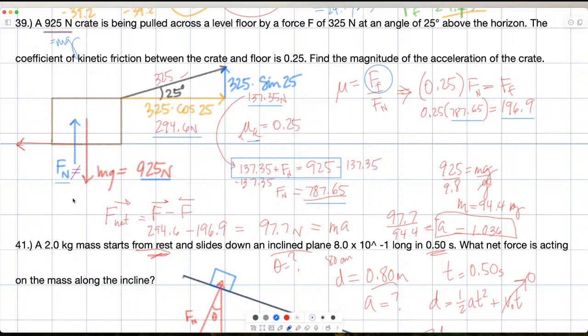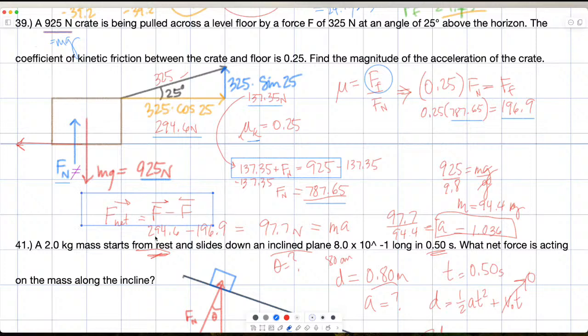So now we can look at the net force equation horizontally speaking. Let me try and reframe that. The net force equation is equal to force right minus force left.